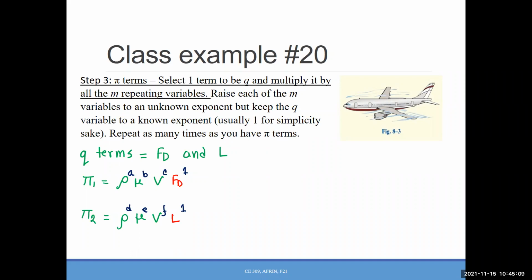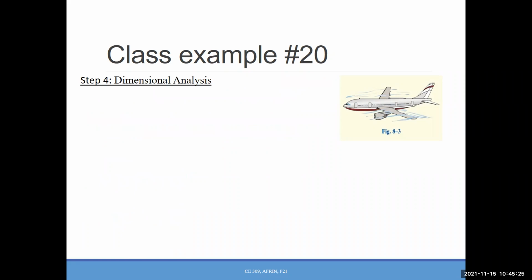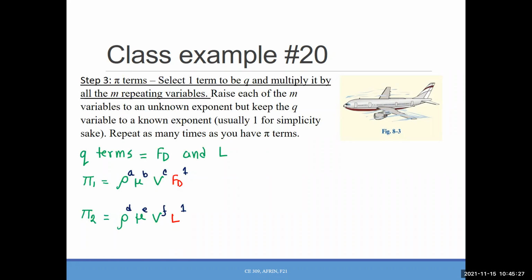Now the step 4, where we will do all the calculation. We have 5 minutes. I think we can complete at least one, and that should be enough. So I'm moving to the next one. I need to write down what are the pi 1 terms, rho, mu, v.